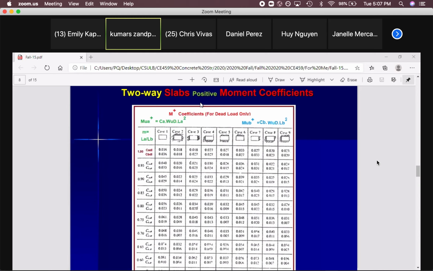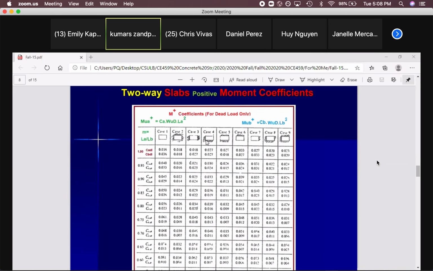So you will get just positive moment for this case. For the other direction, you have negative moment, meaning LB, the B direction moment. For B direction moment, you have negative moment, positive moment, negative moment. That's it.